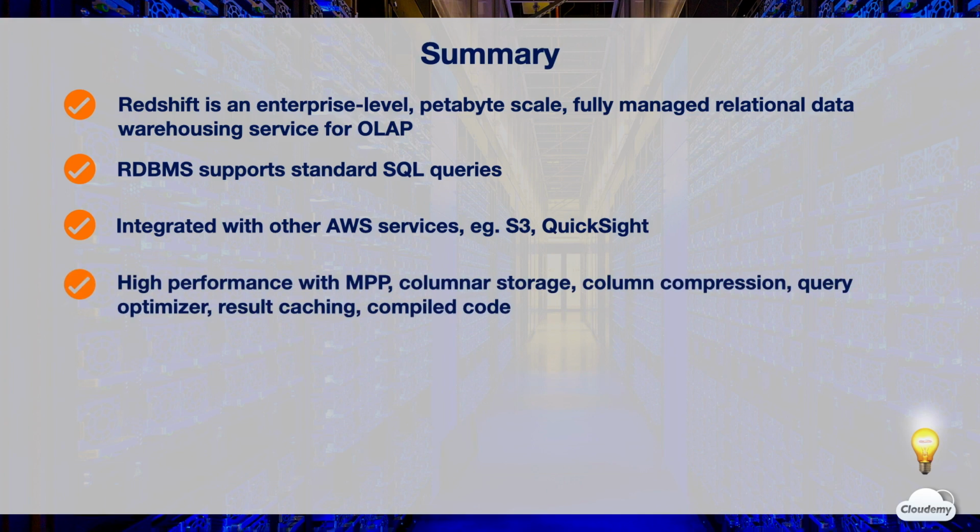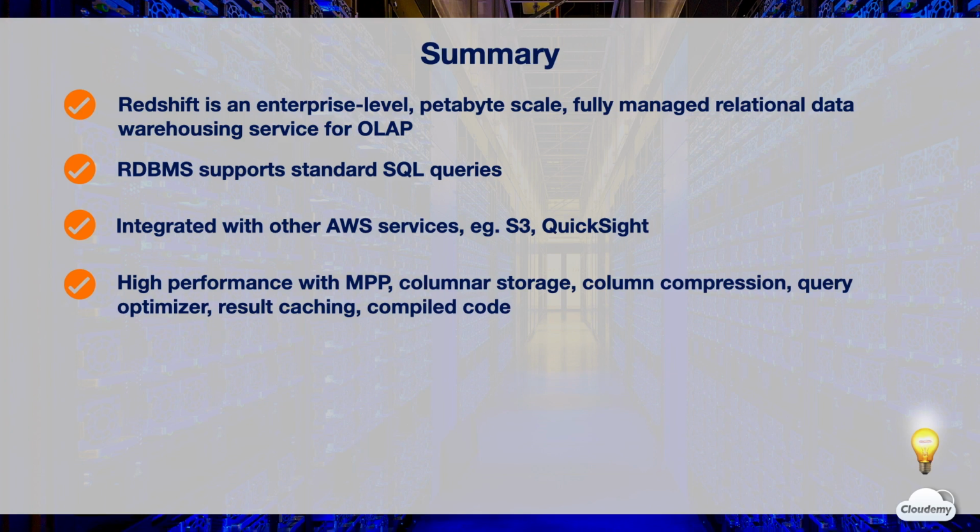Redshift uses Columnar Storage to store database tables, which reduces the overall disk I/O requests and uses less memory when executing queries. Redshift applies adaptive compression encoding for each column based on the column data type. Redshift Query Execution Engine incorporates a query optimizer that is MPP aware, and takes advantage of the Columnar Storage.